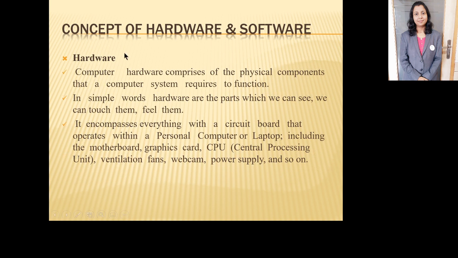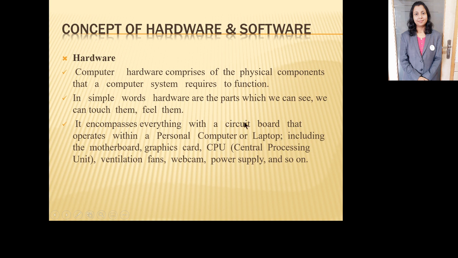Next we will go to the concept of hardware and software. What is the meaning of hardware? Firstly, computer hardware comprises the physical components that a computer system requires to function. Hardware means you should get into your mind the physical components. In simple words, hardware are the parts which we can see, touch and feel.